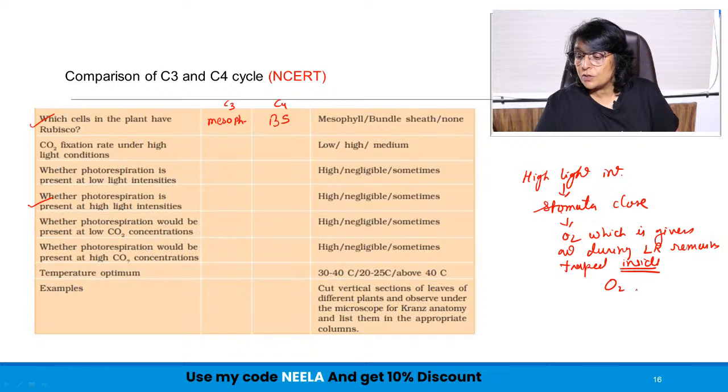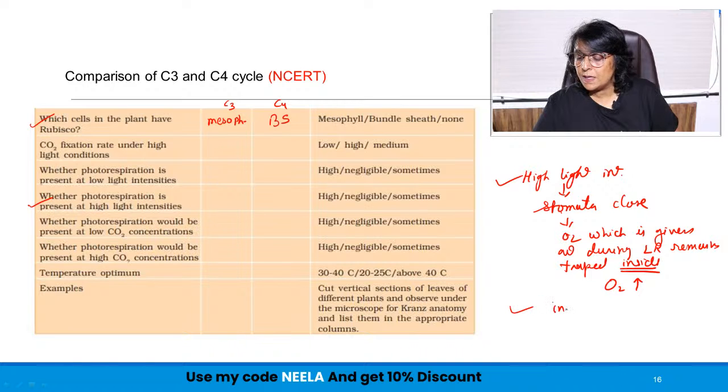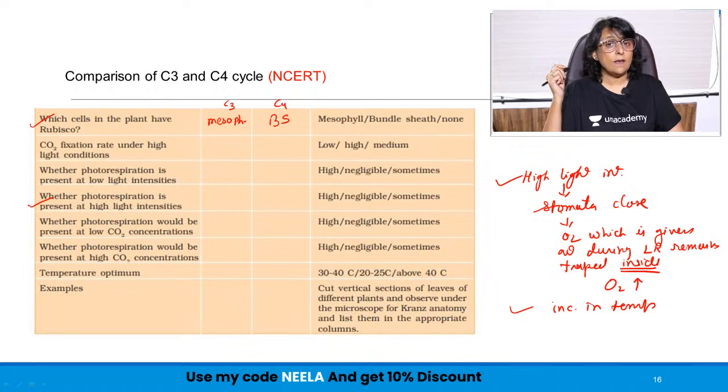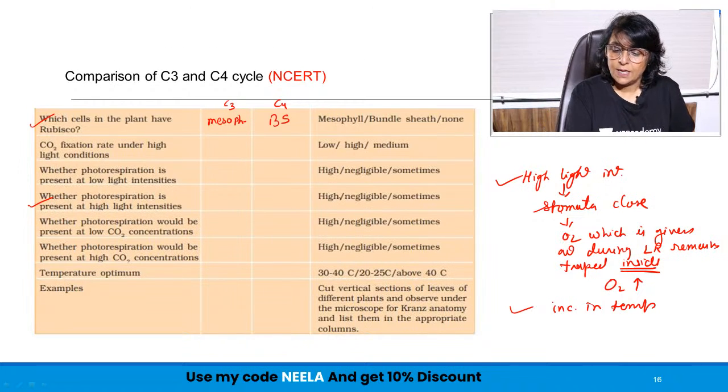That means oxygen concentration is going to increase. And we know when oxygen increases, rubisco's behavior changes. High light intensity indirectly results in increase in temperature. So at high light intensity, photorespiration is definitely going to increase. So here it is high.